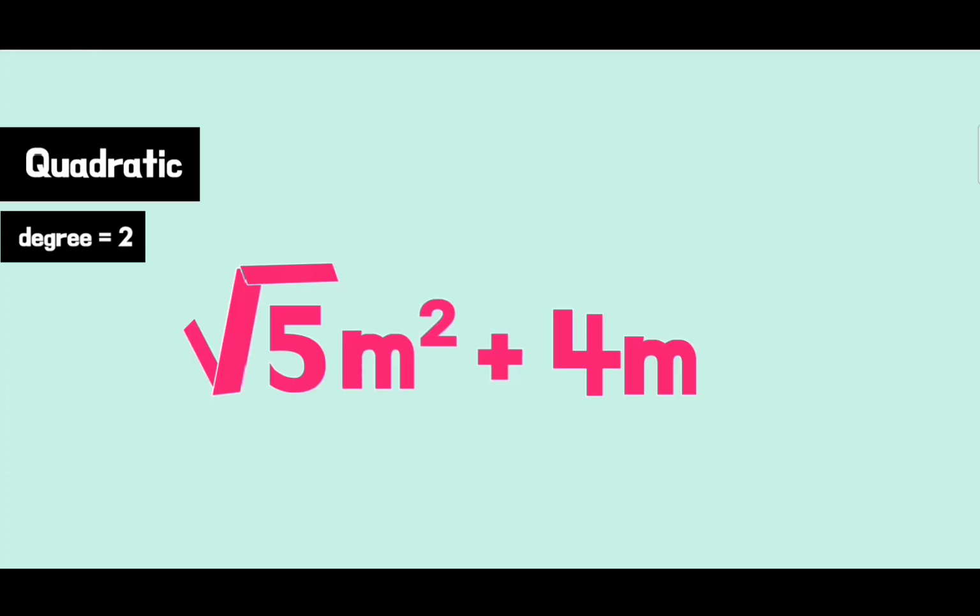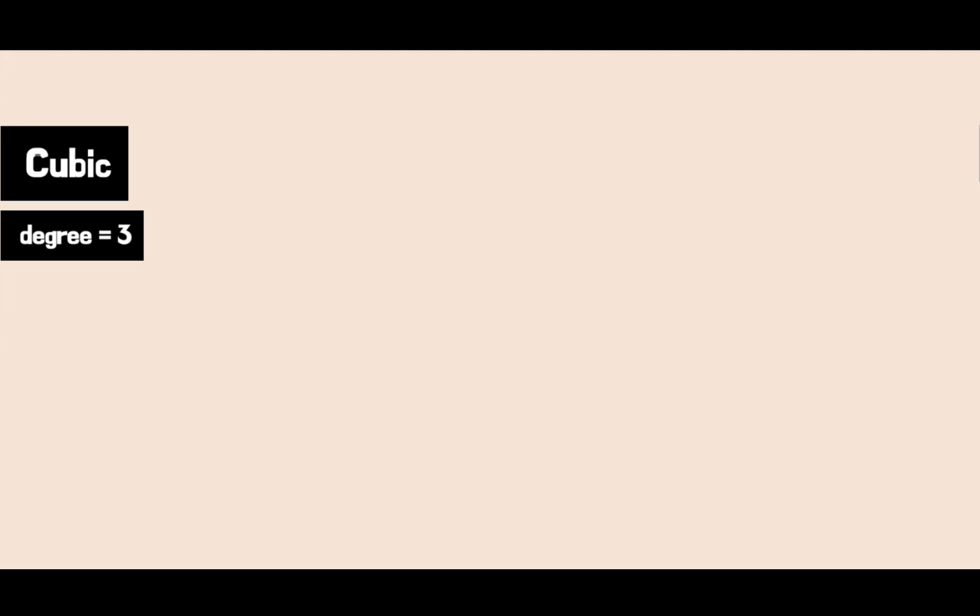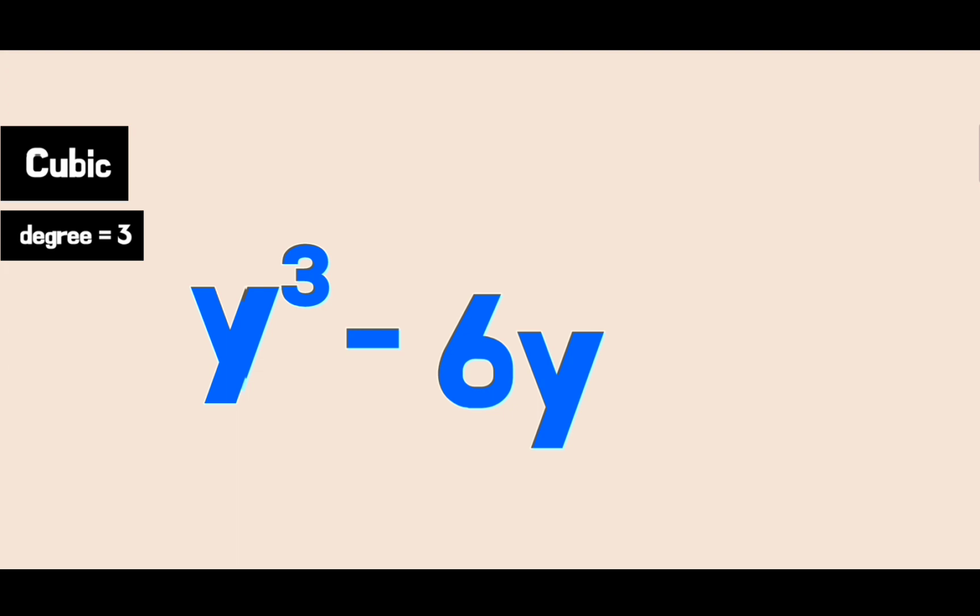Then a polynomial of degree 2 is called a quadratic polynomial, like square root of 5 m square plus 4m minus 9. And a polynomial of degree 3 is called a cubic polynomial. Example, y cube minus 6y plus 11.